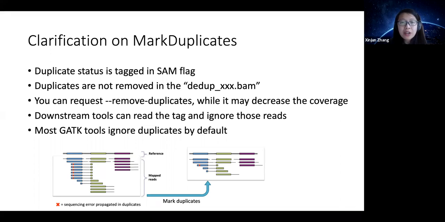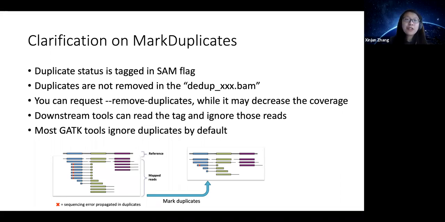If most of your reads are okay and only a small percentage are duplicates, all of the downstream tools in GATK, when using those reads to call variants, will read the tag and automatically ignore the duplicates by default. So unless your reads are terrible, you don't really need to worry about removing the duplicates, as it is being taken care of.